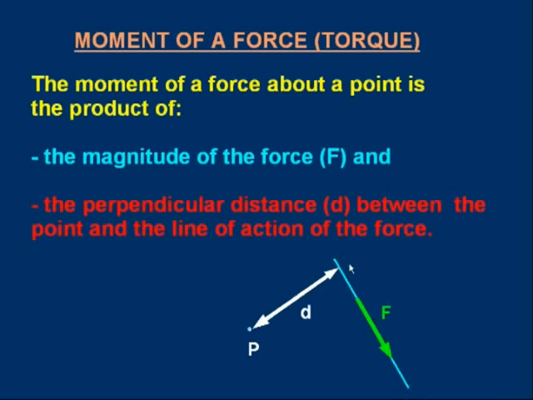It's that line from P to the line of action, and they are perpendicular to each other. So moment is simply force times distance, that is tau is equal to F times D.